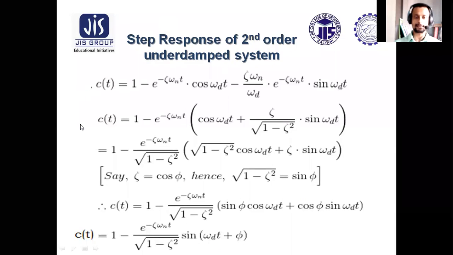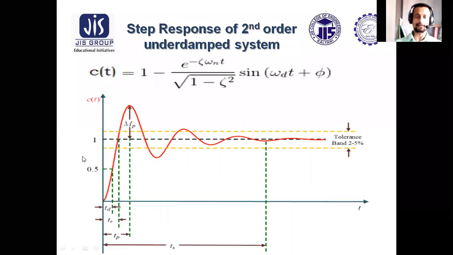Now let us analyze the expression and try to obtain the graph which is varying with time. So here the output response is varying with time like this. This graph is obtained based on this equation. Now see here, this is a sine part, so output is a sinusoid.